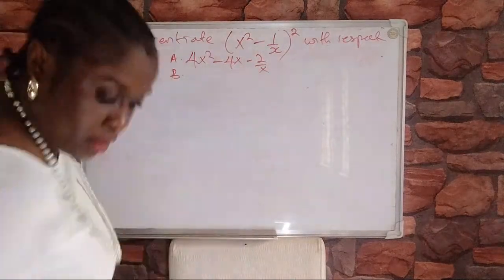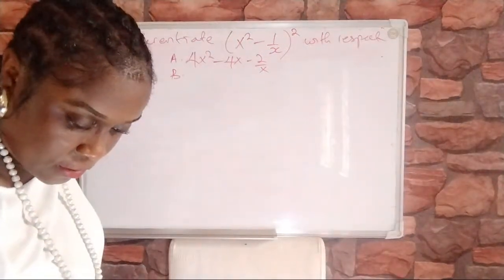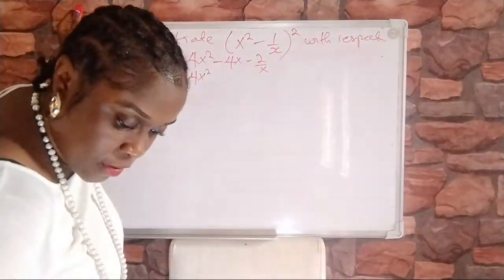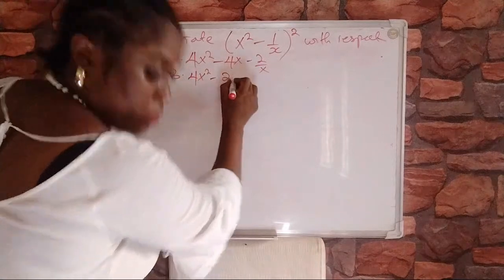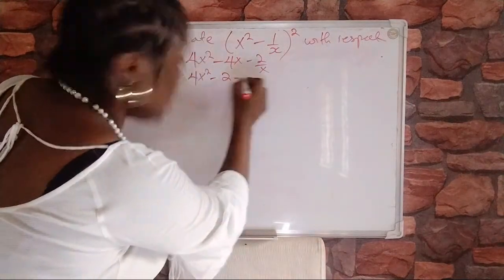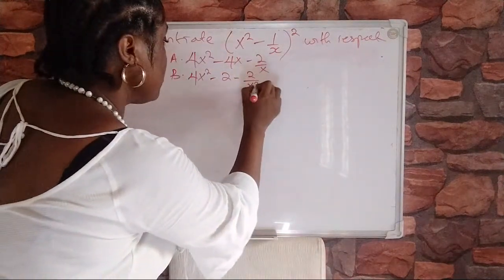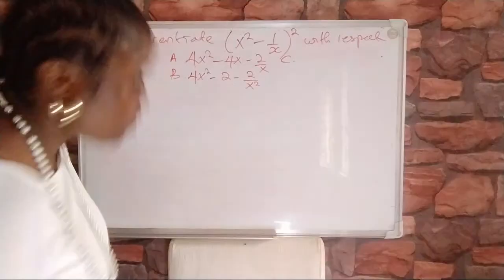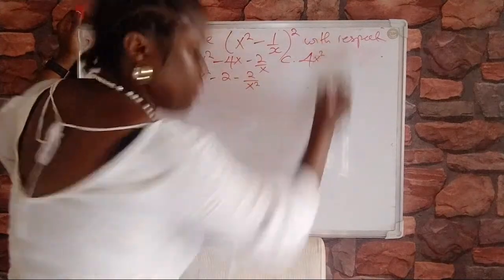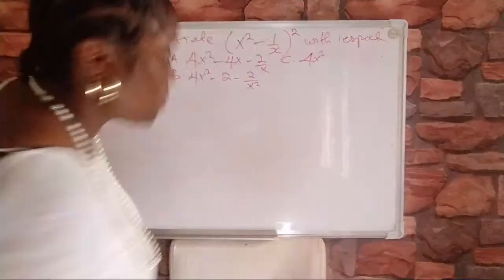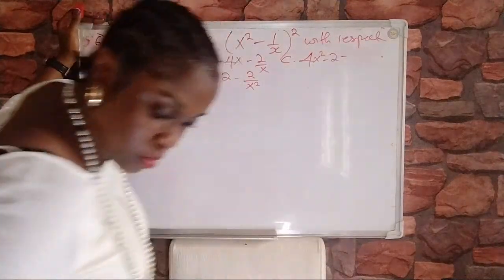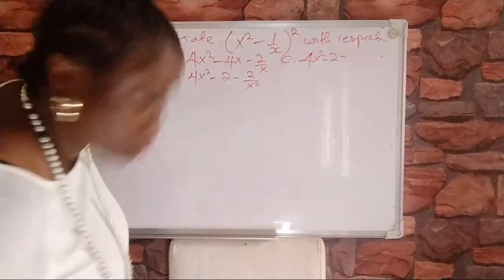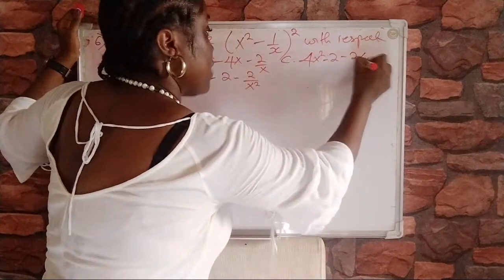Option B gives us 4x squared minus 2 minus 2 over x squared. Option C gives us 4x squared minus 2 minus 2 over x cubed.